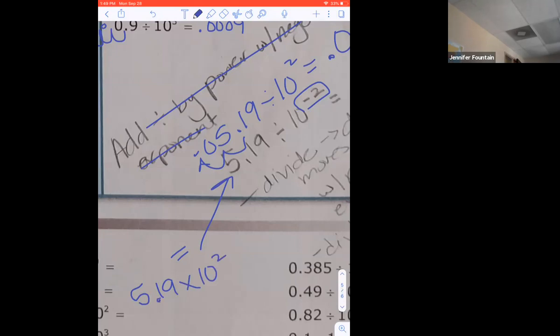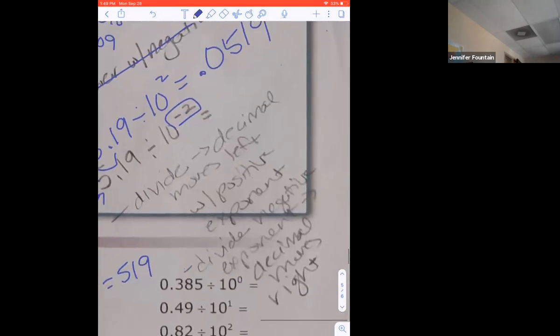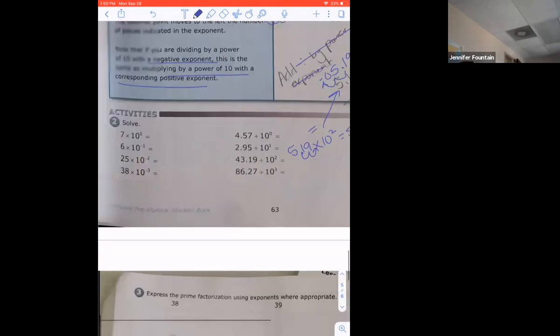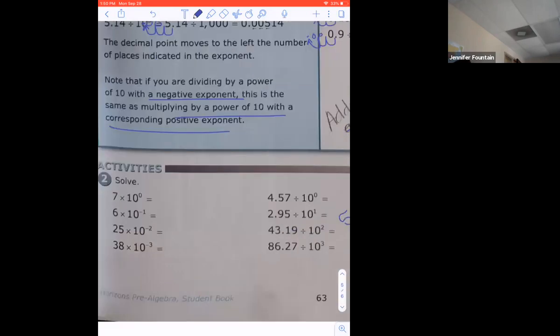And so that means my decimal would be moved 2 places to the right. So that's what I have here. If I'm dividing with a positive exponent, your decimal moves left. If I'm dividing with a negative exponent, your decimal moves to the right. I guess I just wrote a note on there just to know that.